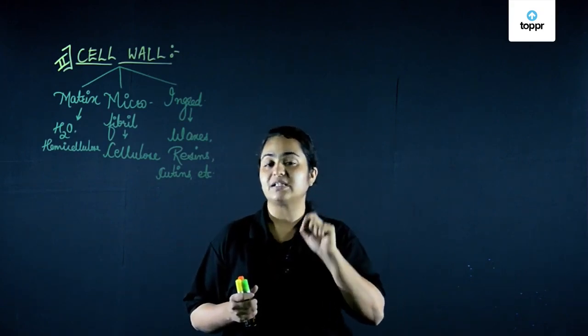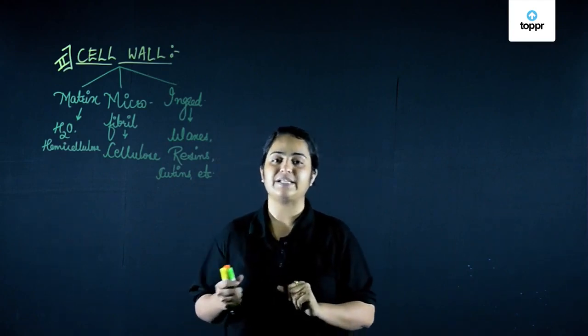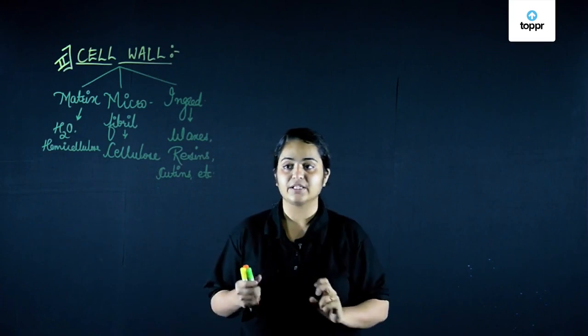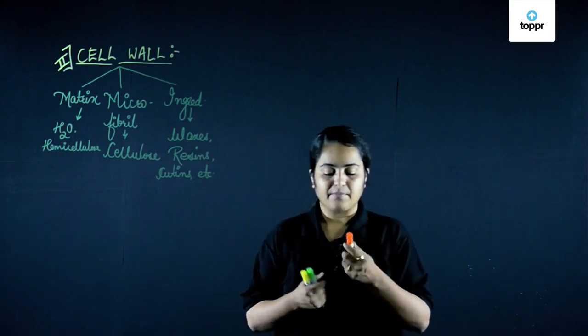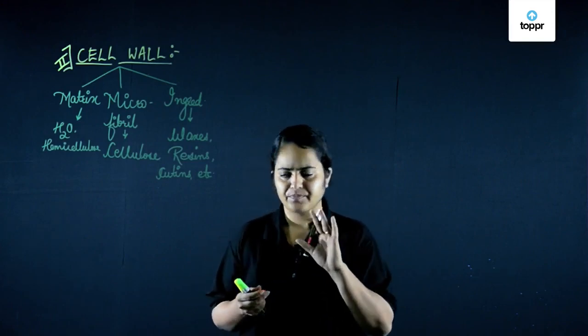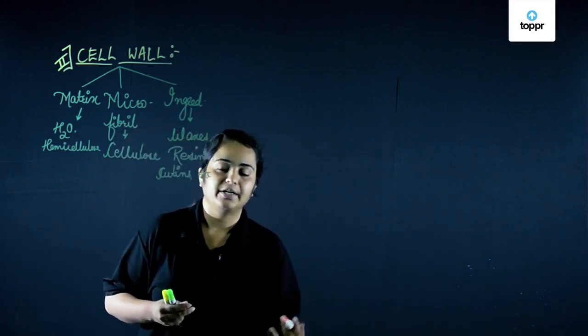But both these things can be differentiated when we know what components are present in them. These components are what we are studying in this cell wall. Now, let us take an example. Let us try drawing the structure of the cell wall to understand it better.